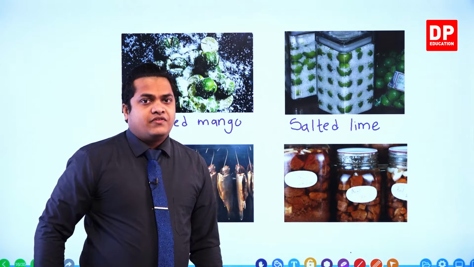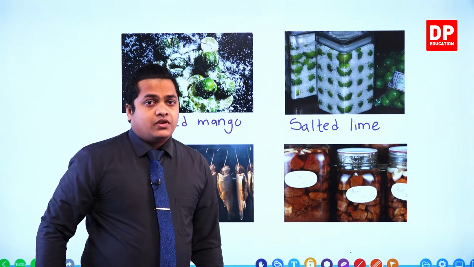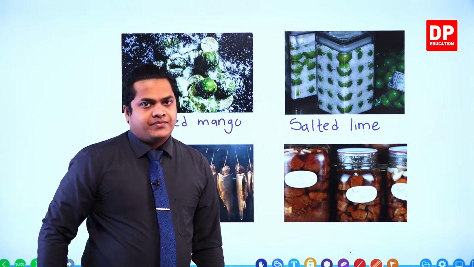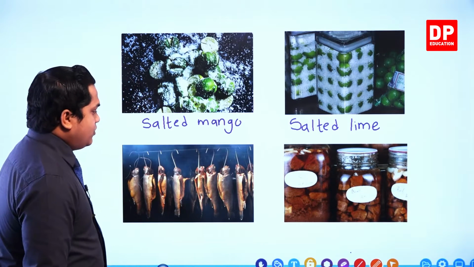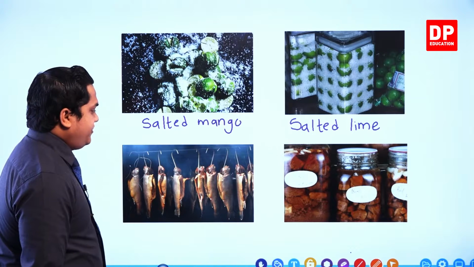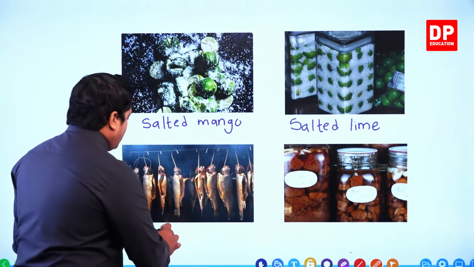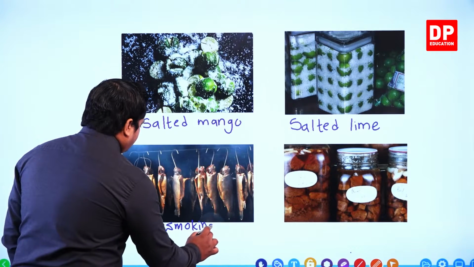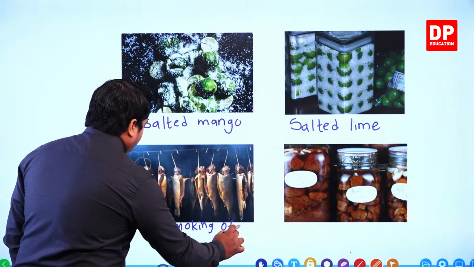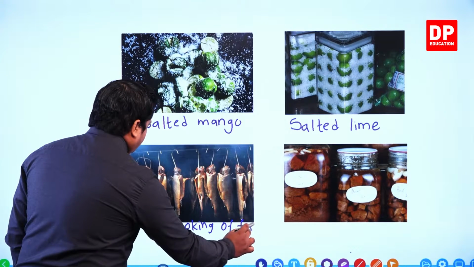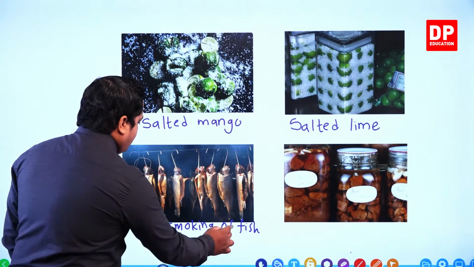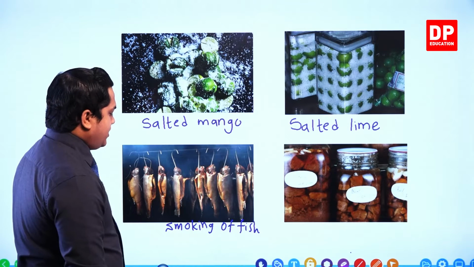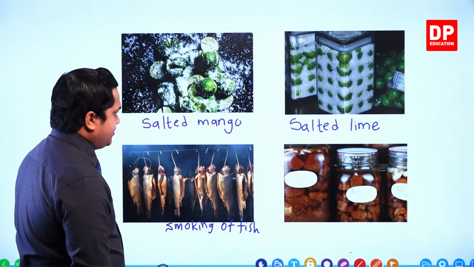Especially we follow this for meat and fish. So this is a figure where smoking is conducted for fish. This is smoking of fish.